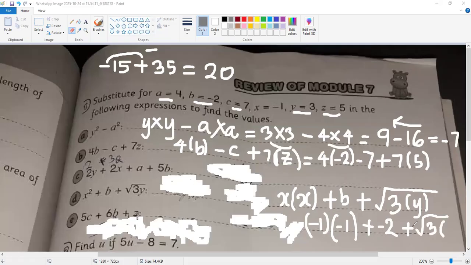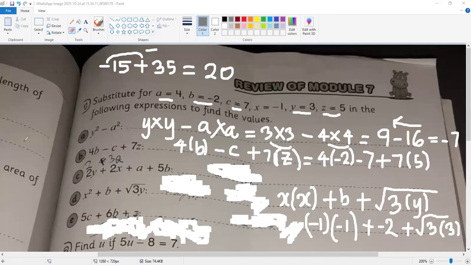What is the value of y? y is 3, right? So 3 times 3. Do we get that? All right, so let me change the color of my marker.